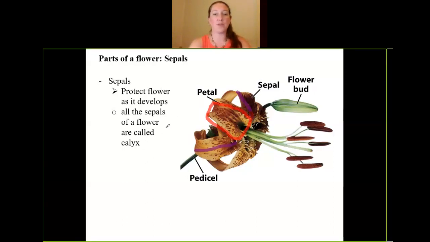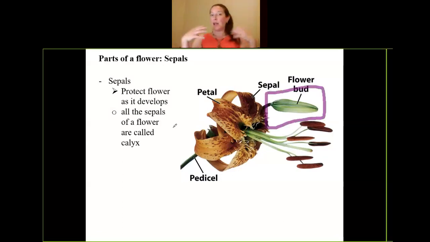If you look at this, here is a flower that has not opened yet, and what you see there are the sepals on the outside of that. Just like we call all the petals together a corolla, we call all the sepals together a calyx. Calyx. That's how you say this word here.